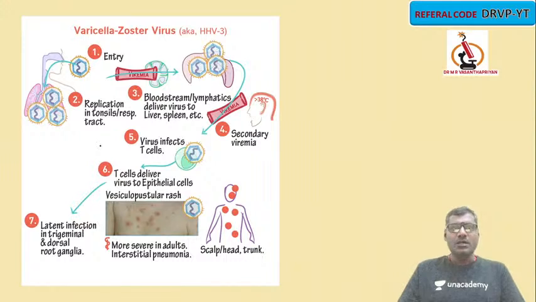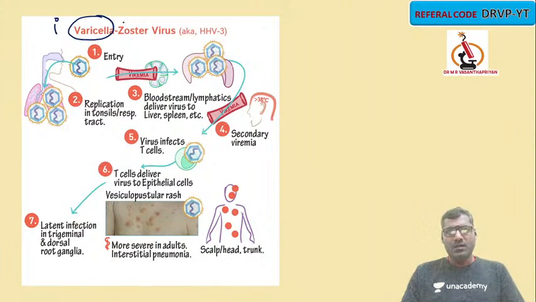Now coming to herpes type 3, called varicella zoster. From the name of the virus itself, we can assess that varicella is the primary infection, zoster is the reactivation.